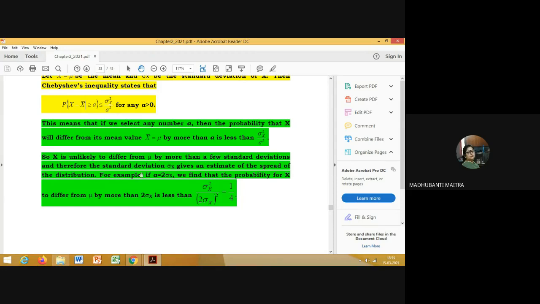For example, if a is equal to twice sigma x, then, assuming this condition holds, if we put the value over here, we'll get the probability to be equal to 1 by 4.